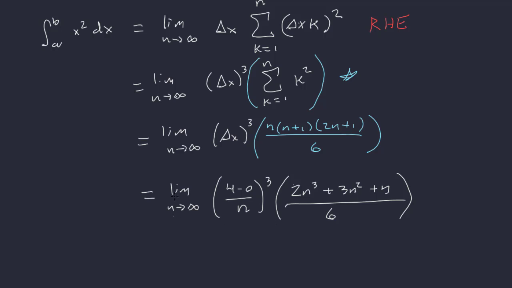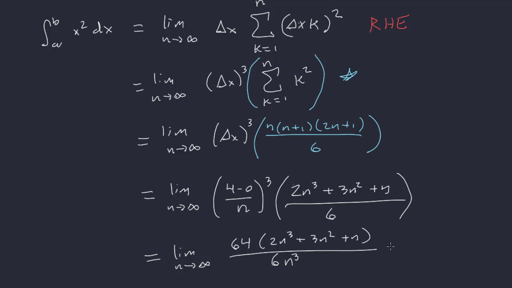Okay, so now we're looking at the limit as n goes to infinity of 4 over n all cubed times 2n cubed plus 3n squared plus n all over 6. So this actually comes out to be the limit as n goes to infinity of 4 cubed, which is 64, times 2n cubed plus 3n squared plus n, then n cubed, so all over 6n cubed.